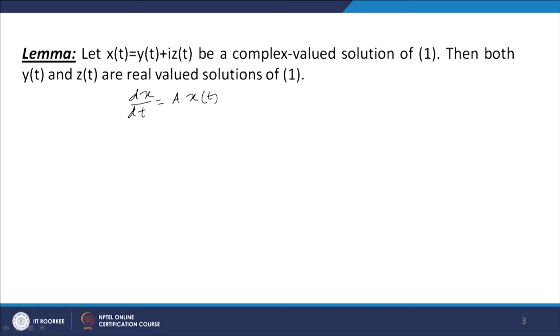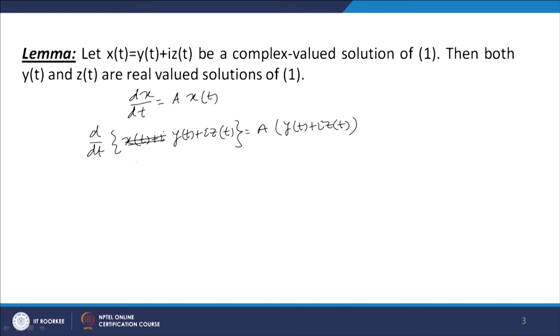Let us put x of t equal to y of t plus i z of t in this. So, d over dt of y of t plus i z of t is equal to A times y of t plus i z of t.